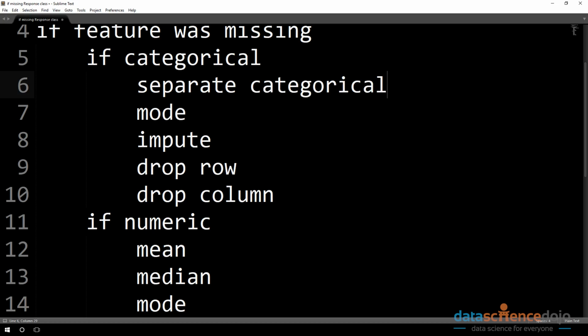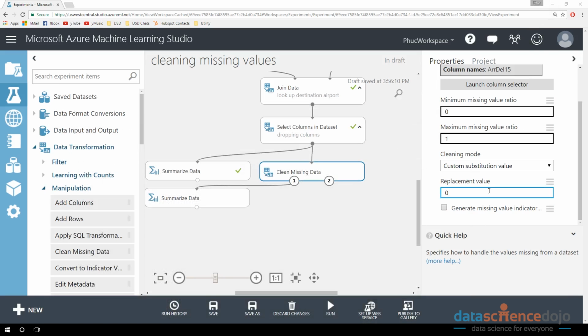What that will do is create a separate category, and rather than filling in with the mode, you can actually isolate out the individual contributions that the mode had on the data set, on the model, on the response class itself, without being tainted by all the missing values being filled in there.